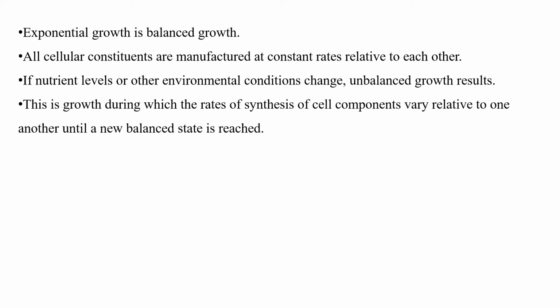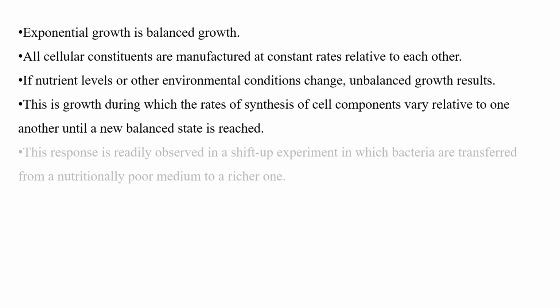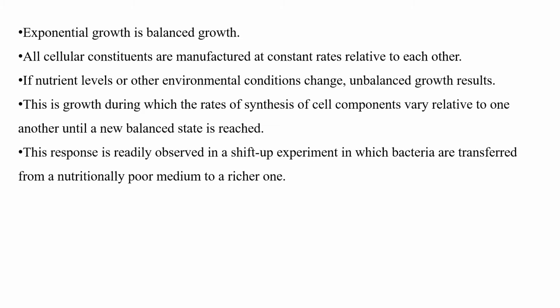So exponential growth is related to an increase in the synthesis of all the cell components, and therefore a new balanced state is reached. Now during exponential growth, bacteria may be transferred from a nutritionally poor medium to a richer medium. Then in that case you can find a change in the response curve.